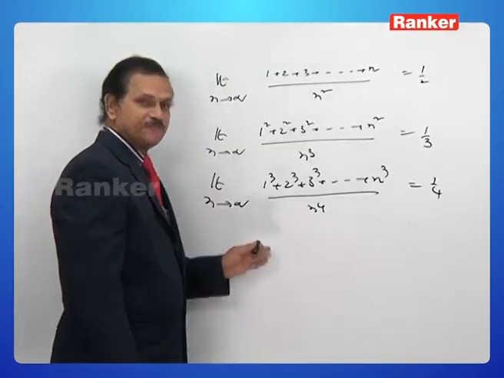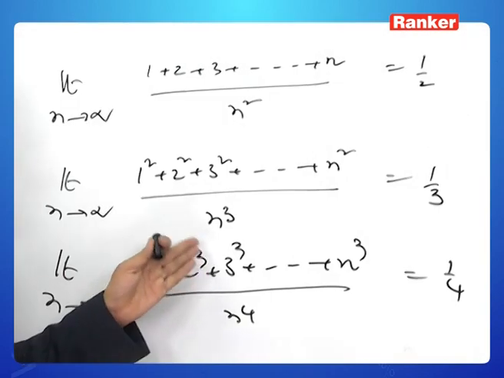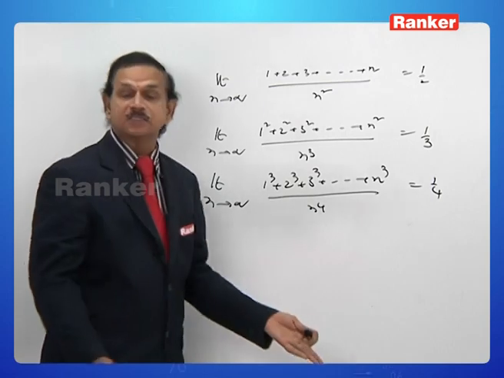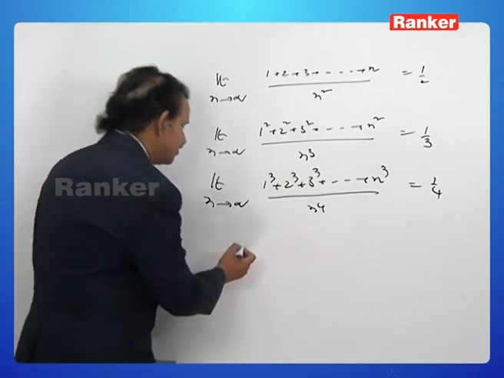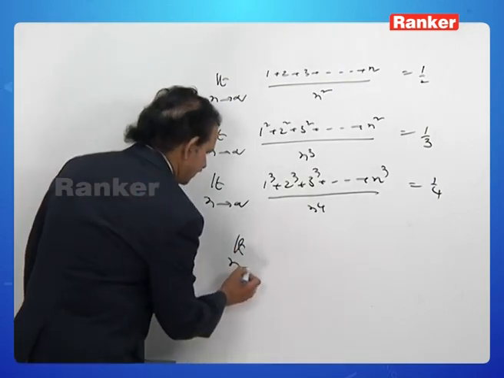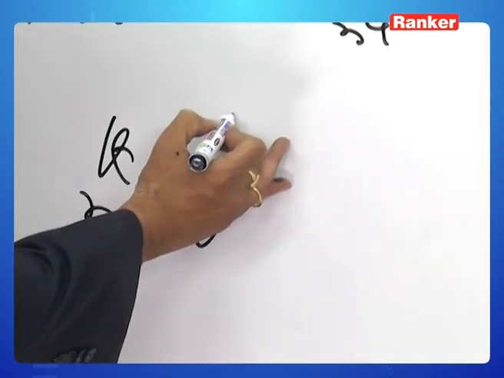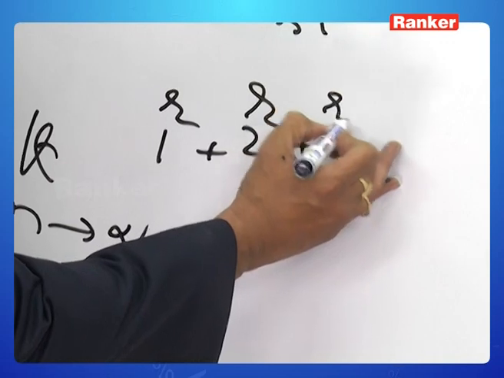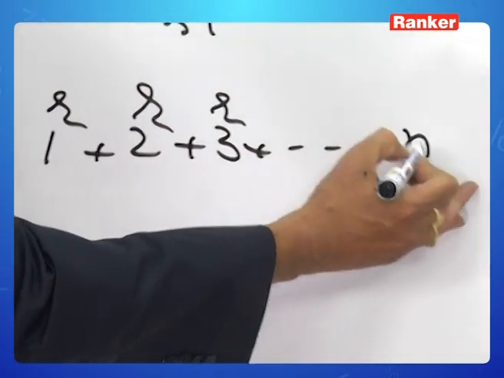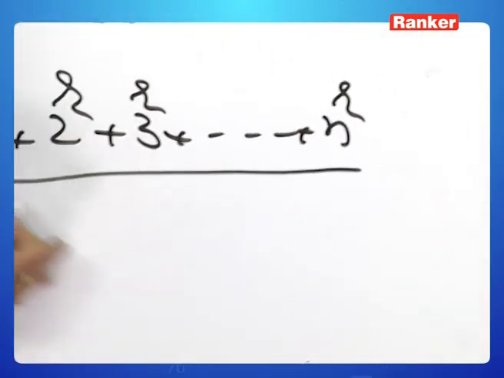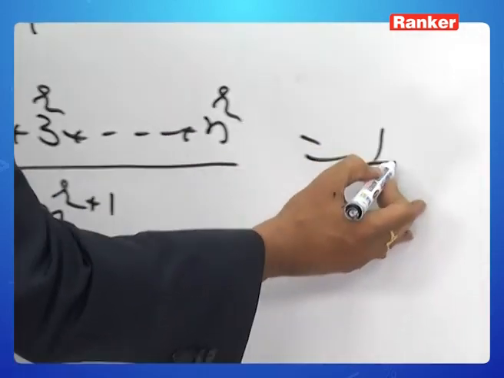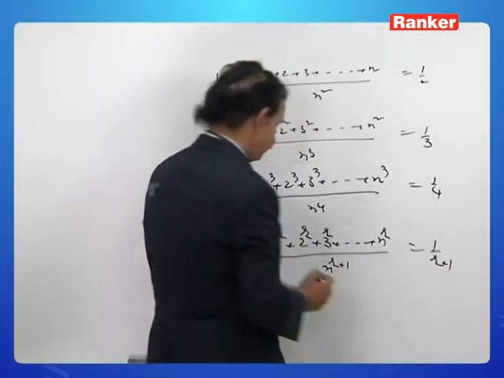Limit as n tends to infinity of 1 power 5 plus 2 power 5 plus 3 power 5 plus etc. plus n power 5 by n power 6 is 1 by 6. And in general, limit as n tends to infinity of 1 power r plus 2 power r plus 3 power r and so on plus n power r by n power r plus 1 is 1 by r plus 1.